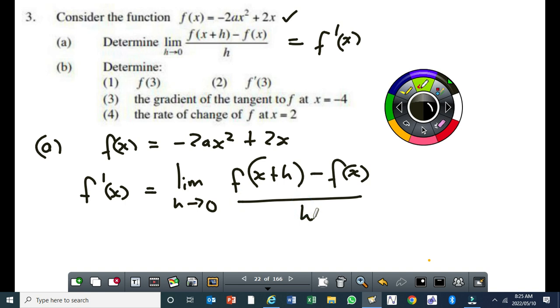Now, since that expression is a little bit complex, it's quadratic in two terms, let's find f of x plus h on its own.